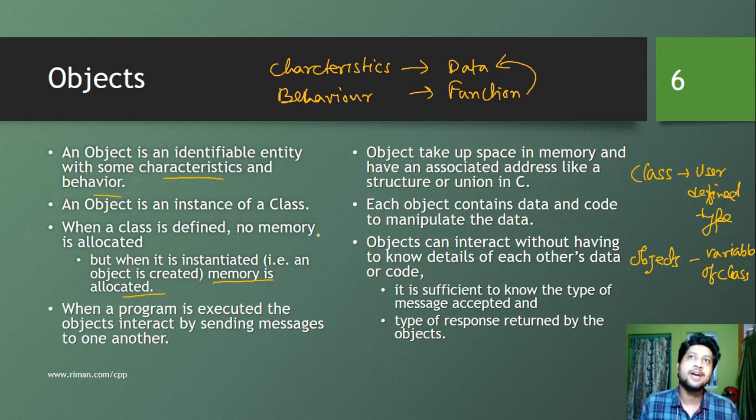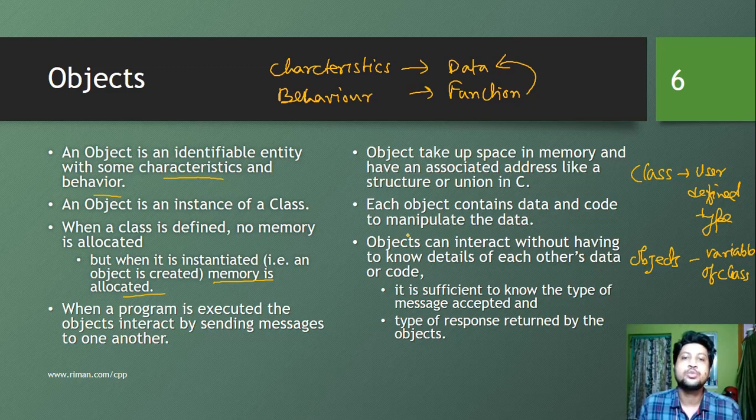Like you have a class in your college or in your school. From that class, if you pick one student, that student will become the representative of the class. So objects are something like this. From a group of similar kind of behavior and property, we have chosen someone that will represent that particular group. So that is an object. Each object contains data and code to manipulate the data.